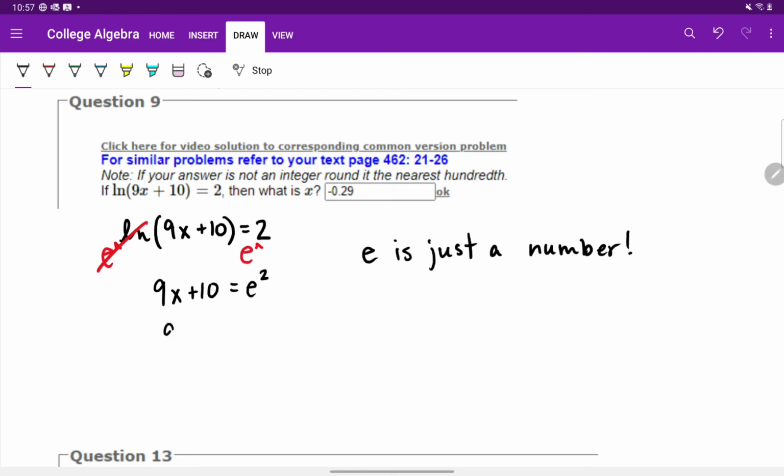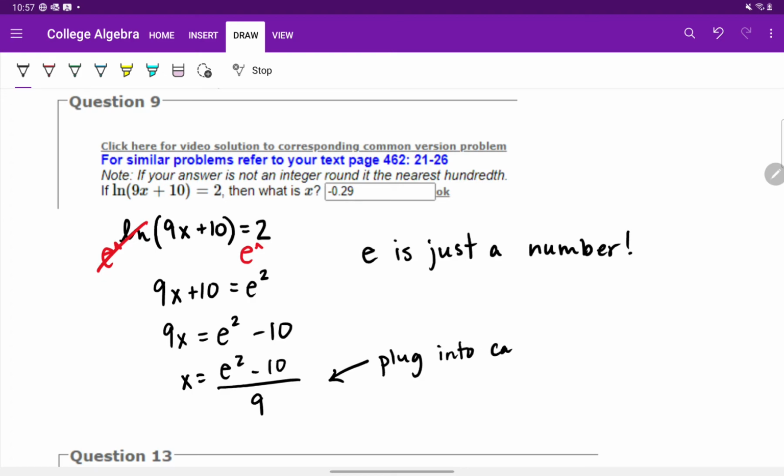I'm going to subtract 10 from both sides, and I'm going to divide both sides by 9. This is a number that you can plug into your calculator. Don't try to do this in your head. There is a button on your calculator that just says E. Most calculators, scientific calculators, graphing calculators have that button.